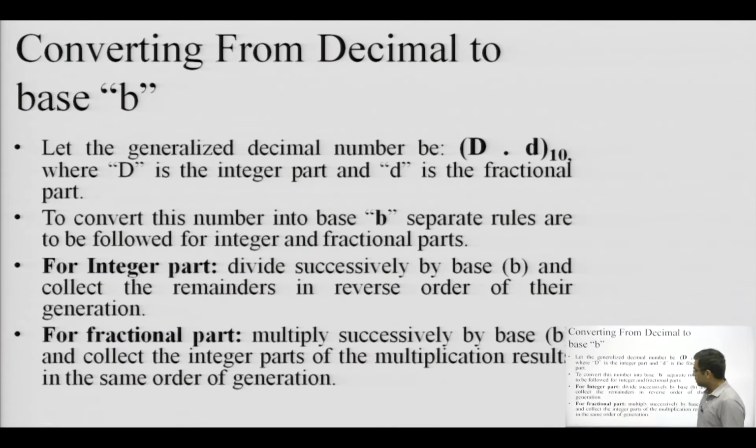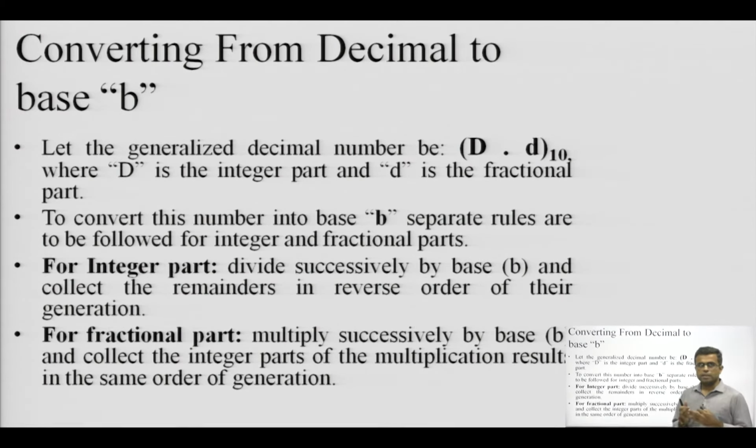Now we will first deal with the most commonly used number system. From our childhood days, we are using decimal. Whether the person is educated or not, the most commonly used number system is decimal.